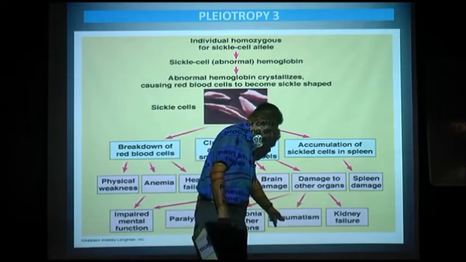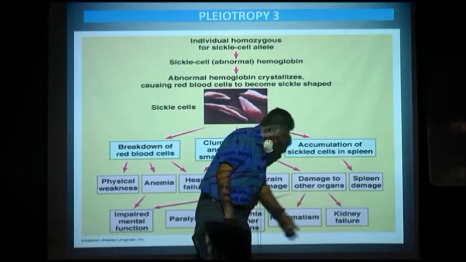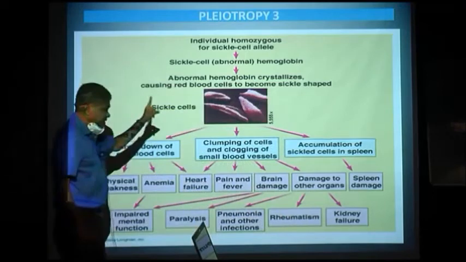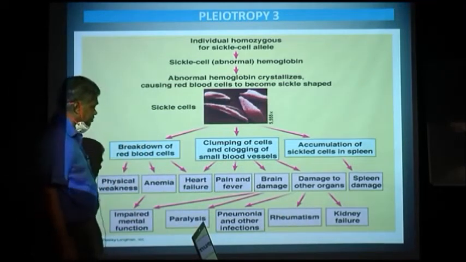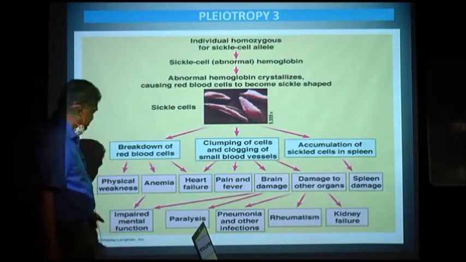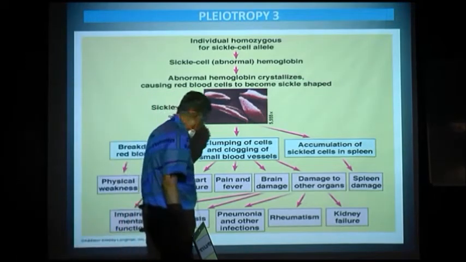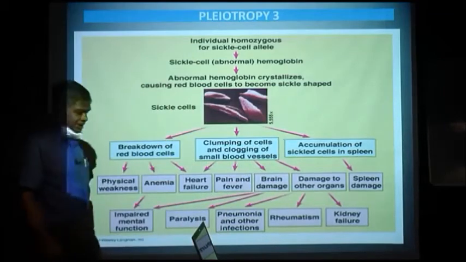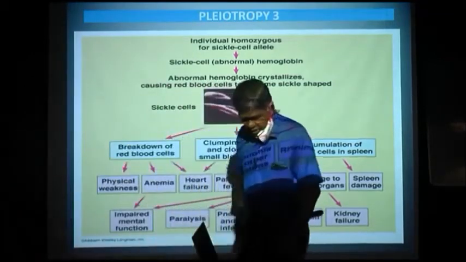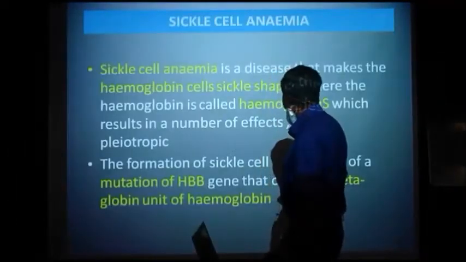It may lead to rheumatism and kidney failure. So, one particular gene, the gene responsible for sickle cells, is able to create so many disorders. So, it is also a pleiotropic effect of a gene.